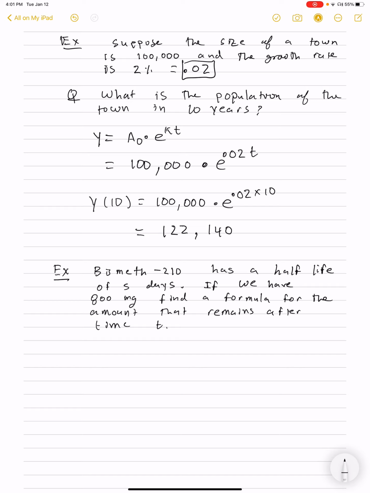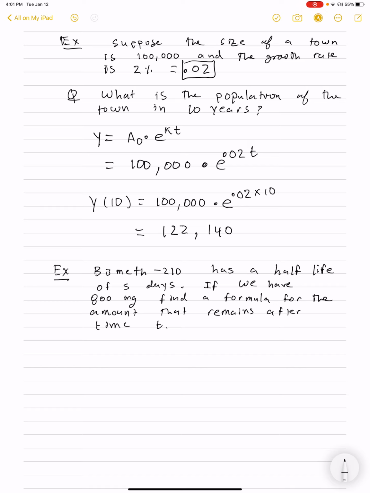So this decays at a rate proportional to its size. Every 5 days we get half as much as we originally started with, and that's why it's proportional to its original starting size.